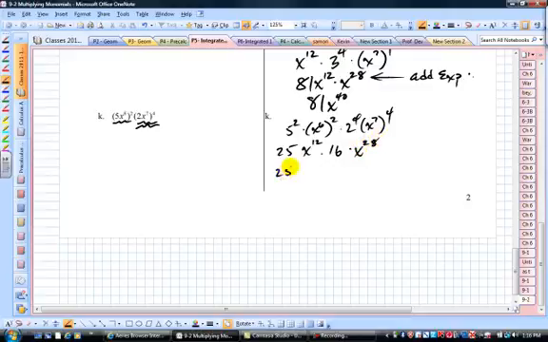Okay, now I've got to regroup: 25 times 16 first, and then x to the 12th times x to the 28th. Listen to this. 25 times 16 is like 16 quarters, and everybody knows that 4 quarters equals a buck, or like 4 times 25 is 100. So how many groups of 4 are there in 16? 4 times 4 is 16, right?